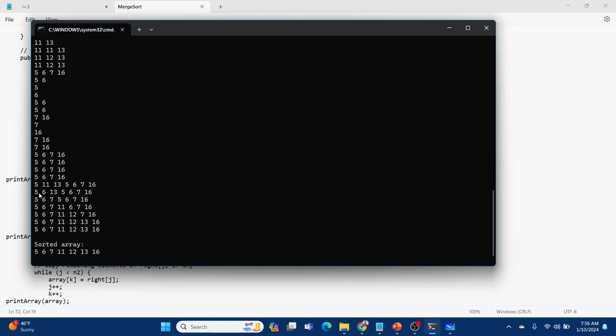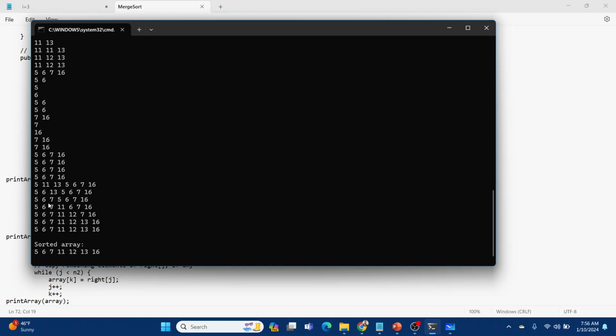Now with each list, 5 is compared with what? 5 got compared with the 11, so 5 will be here now. Then each element starts replacing them in the first part, because we have saved the elements into left and right. They were stored over there. In each comparison, every element is getting replaced.